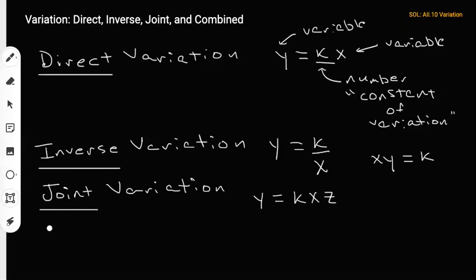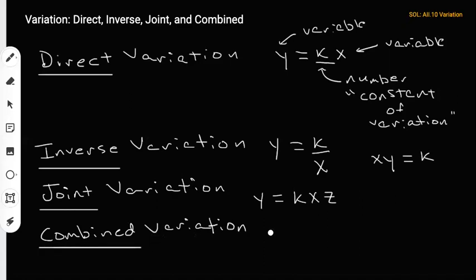And then the last one is combined variation. Combined variation. And this can be a combination of two or more different types of variation. So if we combine direct and inverse, we would have something like this: y equals k times x over z.